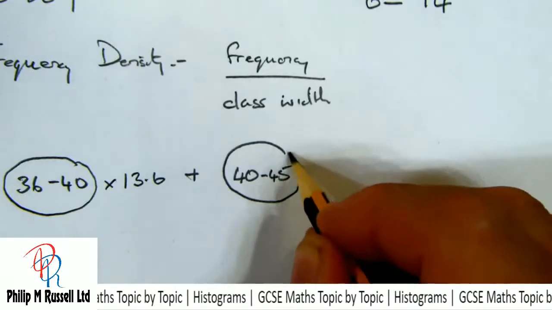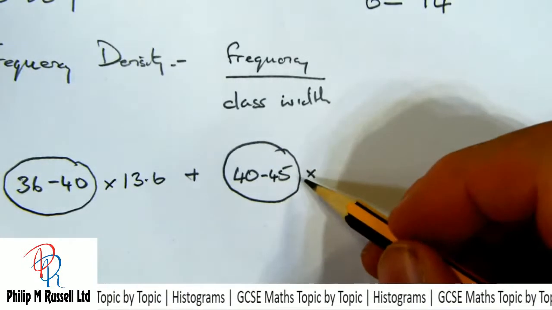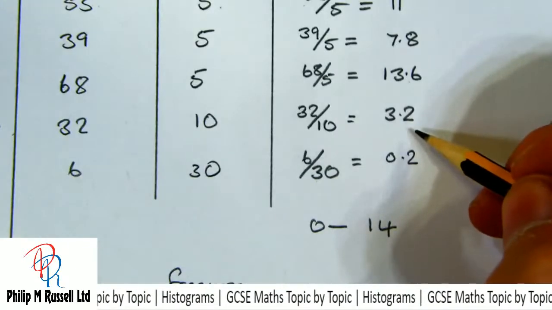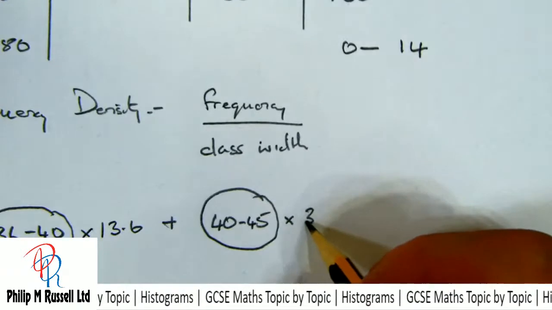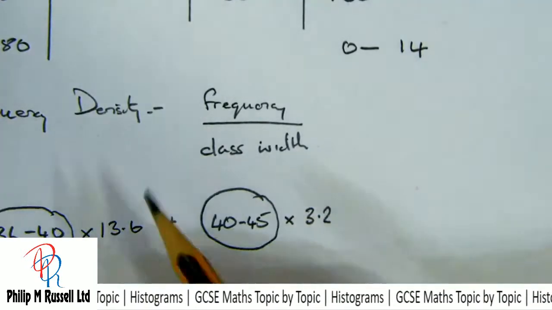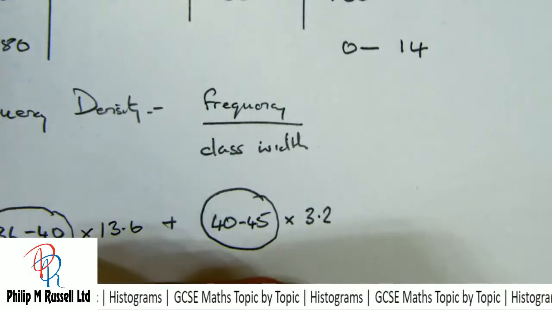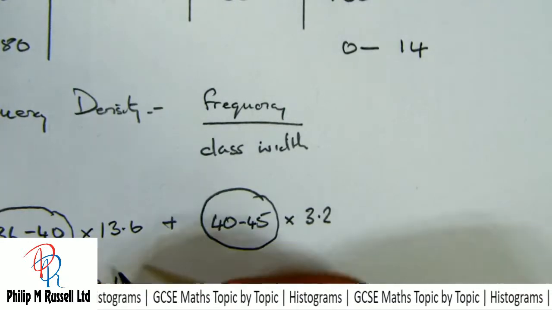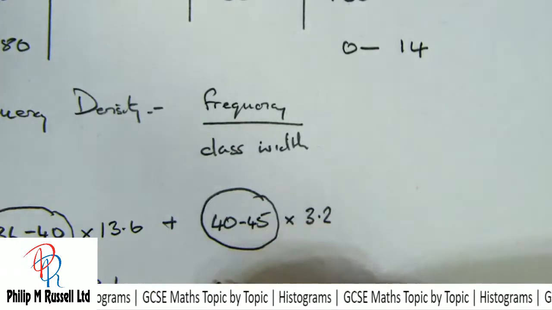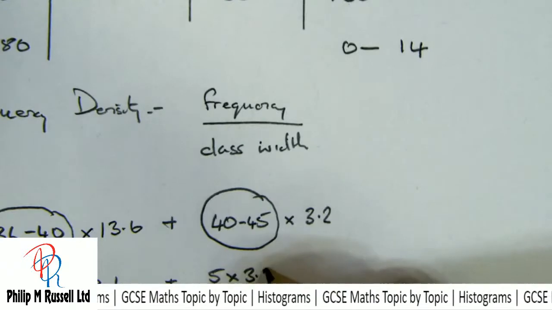That range, and I'm going to multiply that by the number in that range, which is 3.2. So if we do our sum here, we've got simply 4 times 13.6, and this one will have 5 times 3.2.